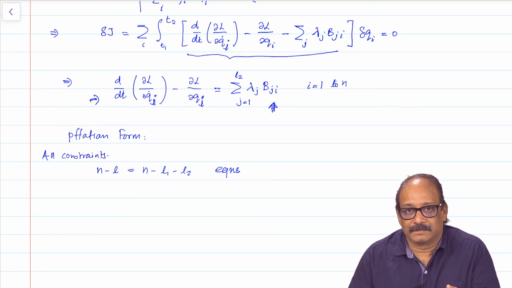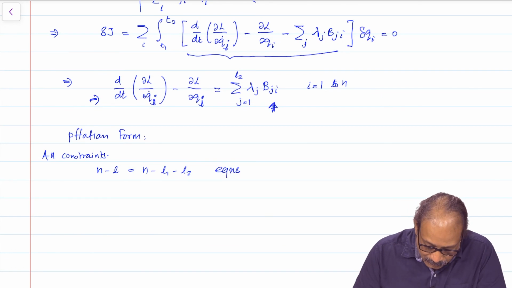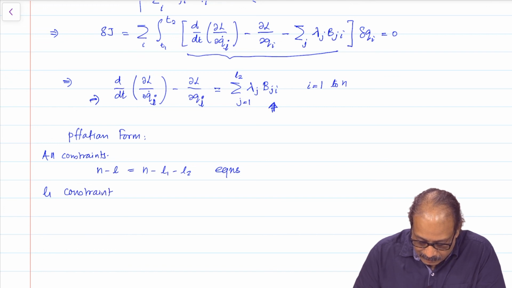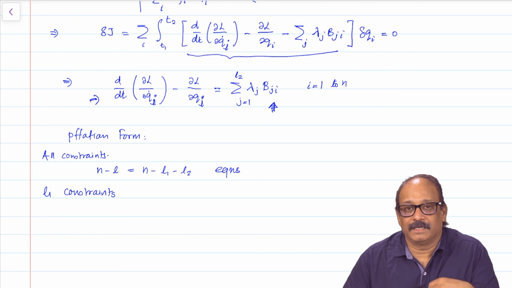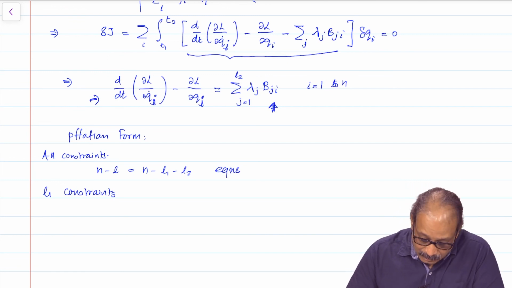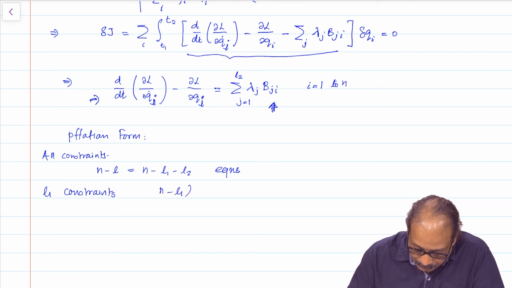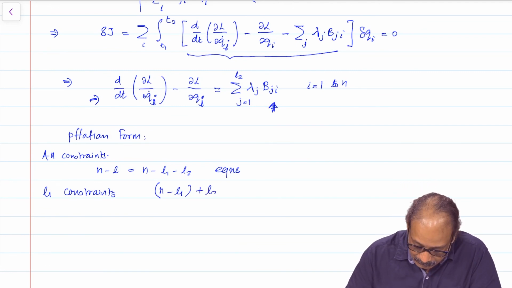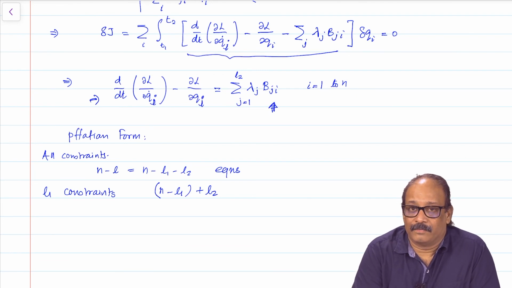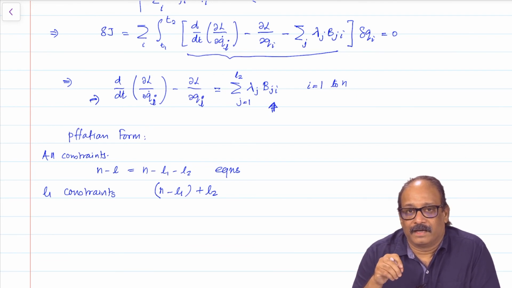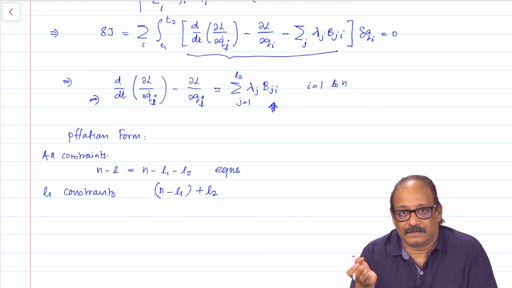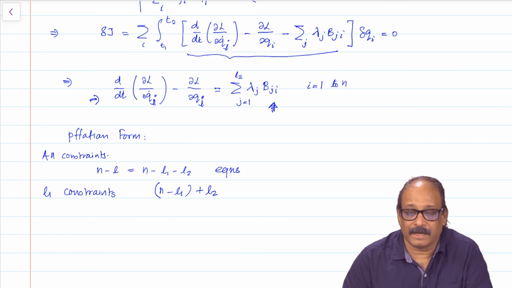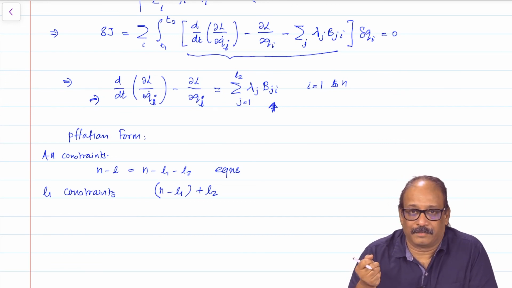But what we have done in this particular derivation is we have used only L1 constraints, and the remaining ones have been introduced using Lagrange's lambda multiplier method. So, how many equations am I going to solve now? I am going to actually solve n minus L1 Lagrange's equations plus L2 constraint equations. And how many unknowns? Again, you have L2 unknowns there. So, this is n minus L1 plus L2 unknowns in the problem.